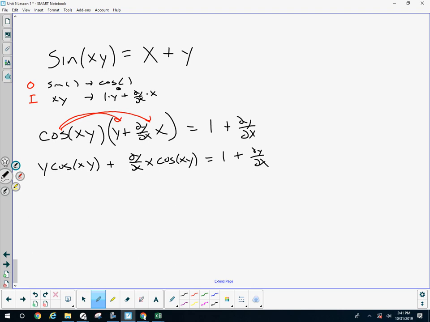Now, move your dy/dx's onto one side, leave all the other stuff onto the other side, and factor to solve. I'm going to subtract the dy/dx. I'm going to subtract the y cos xy. I'm going to factor out the dy/dx.